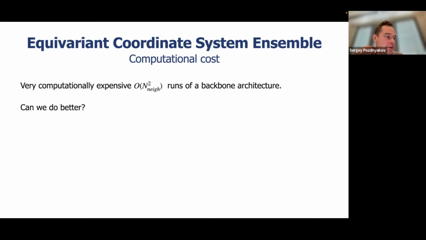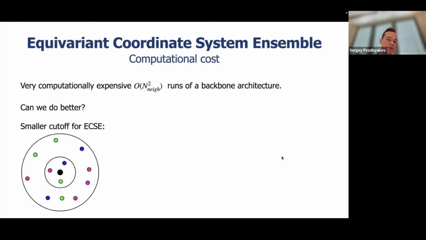Namely, if we have n neighbors in our atomic environments, this naive application of the discussed version of the symmetrization protocol would entail n squared runs of a backbone architecture, which is, I would say, a catastrophic computational overhead. And the question is, can we do better? And the answer is yes, we can do better.